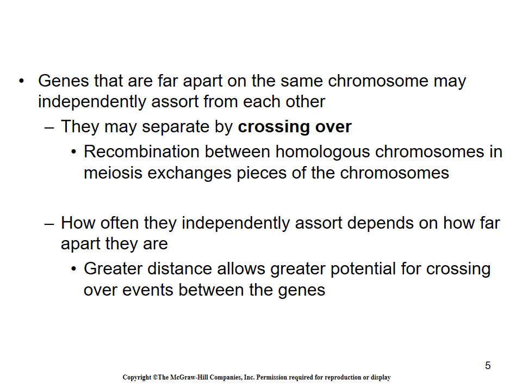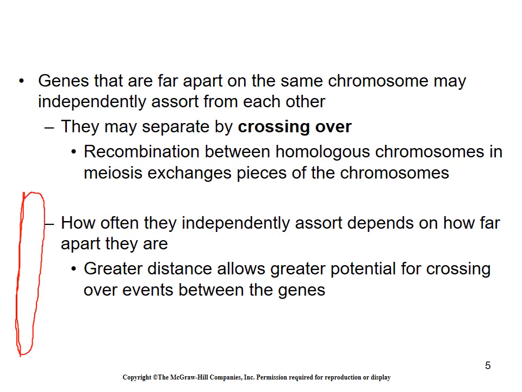Now, if you're going to ask yourself, how often do they independently assort? This will all depend on how far apart they actually are. The greater distance allows for greater potential of crossing over between the individual genes. So what that means is that if you're looking at your chromosome, and please forgive me because my drawing ability is not the best, let's say this is my little chromosome that I'm trying my best to draw.